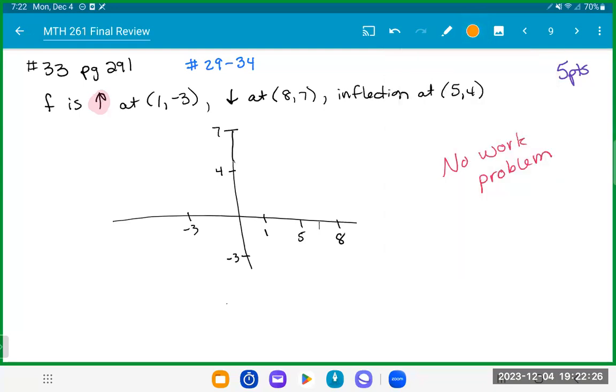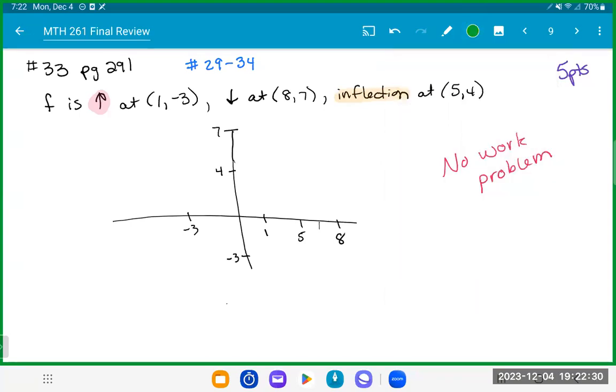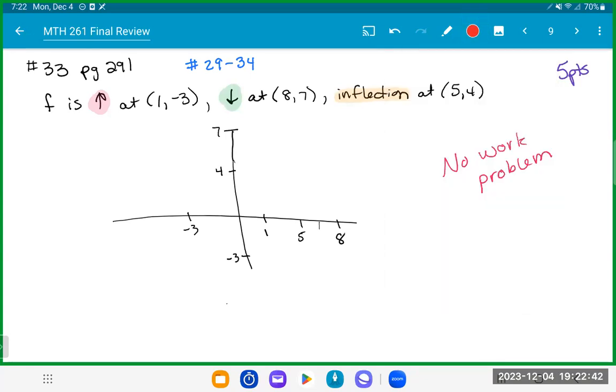Okay, so first of all, let's just go to where it is increasing. So it's increasing at 1, -3. So if we go to 1, -3, we know that our graph is increasing here at this point.